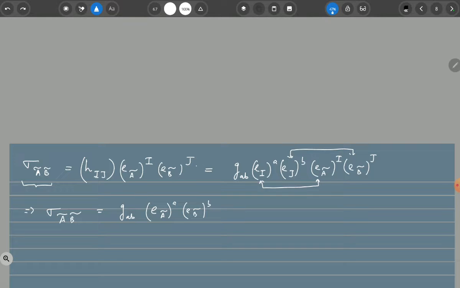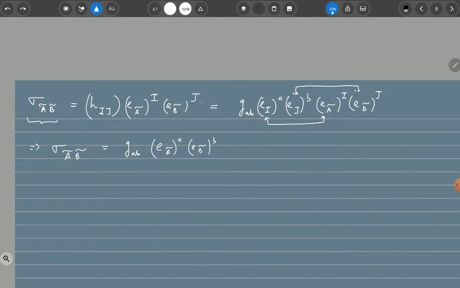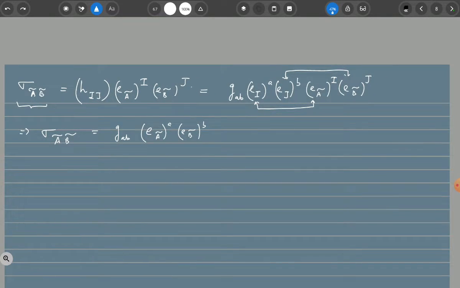So this is our definition of sigma_ãb̃. Now we can see that we have defined the induced metric on the two-dimensional submanifold S_t as viewed as an embedding in the four-dimensional space-time volume V, right?